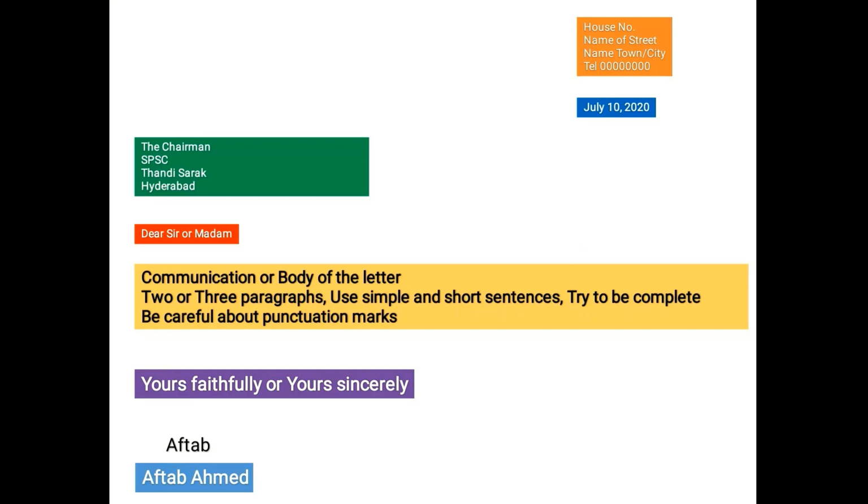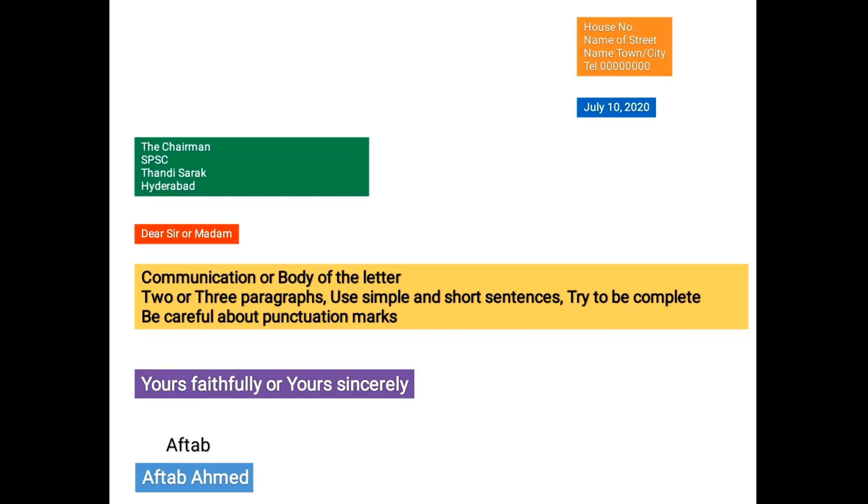Viewers, if we conclude this whole format of the letter, let's start from the beginning. Step 1 is you have to write your own address. It means the address of the person who is sending this letter. You can see it on the screen in the orange corner, right on the top, on the right corner of the page.